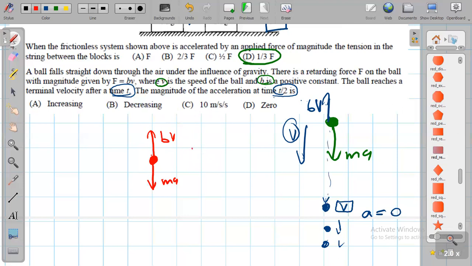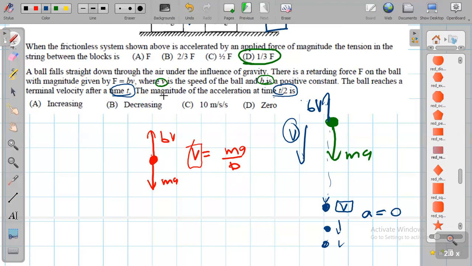So you can find the final velocity here as mg over b, the final maximum velocity. Right? So it takes a time of t.